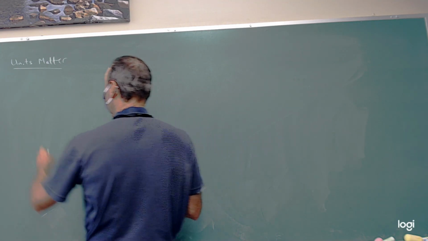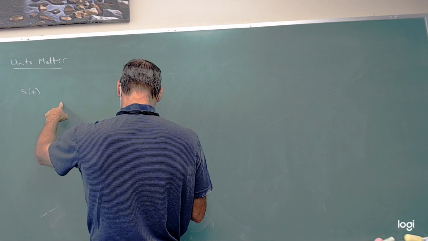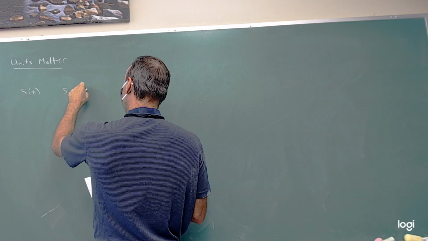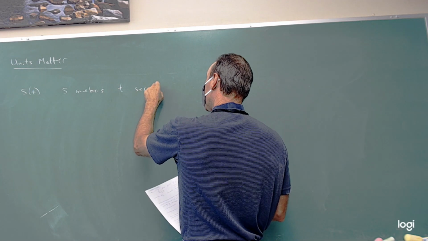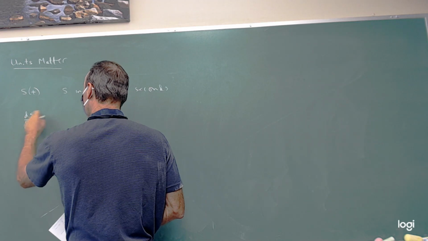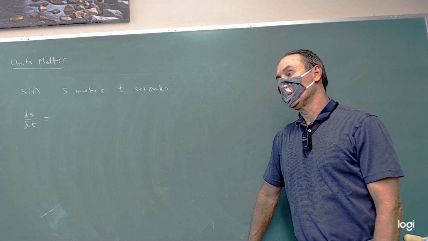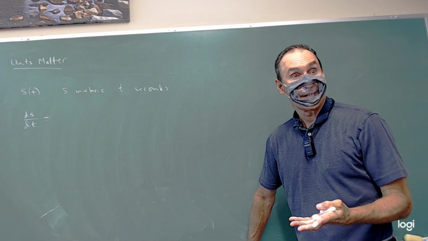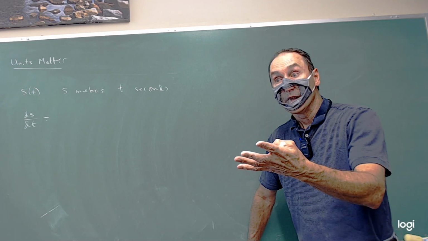So if we had, say, s of t, where s was in meters and t was in seconds, then ds dt, that instantaneous rate of change of position, is also known as what? What is the first derivative? It is velocity.